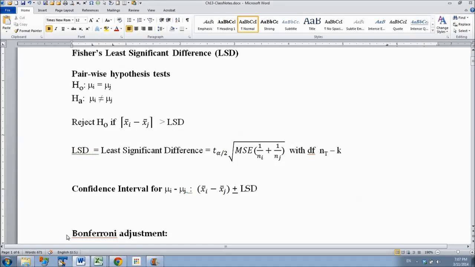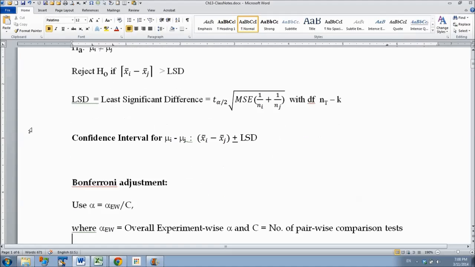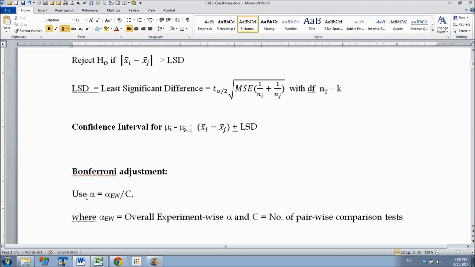One more concept that we have to be aware of is called Bonferroni adjustment, and that is when we do a number of pairwise tests, the level of significance alpha will get deteriorated. So when we are doing multiple hypothesis tests, then we really need to change alpha.